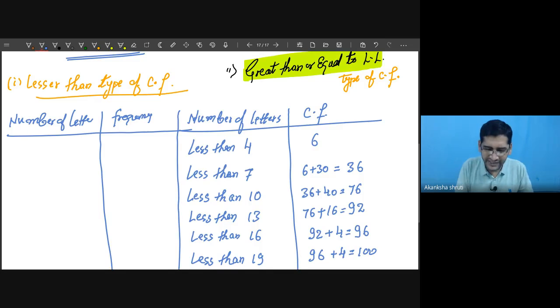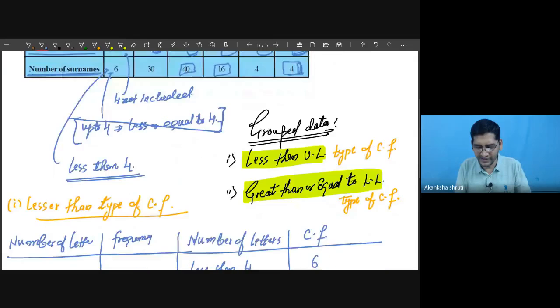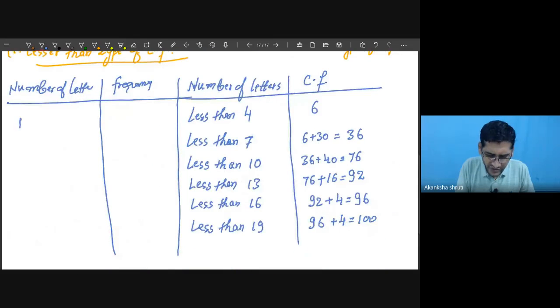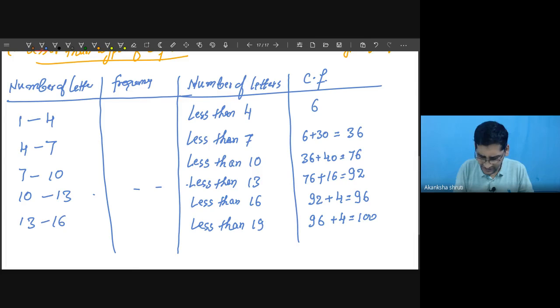Whatever the given data is, I'm just going 1 to 4, 4 to 7, 7 to 10, 10 to 13, for which we had written this one, then 13 to 16, and then 16 to 19.